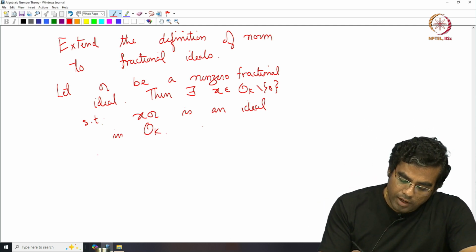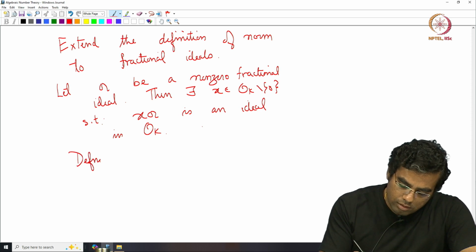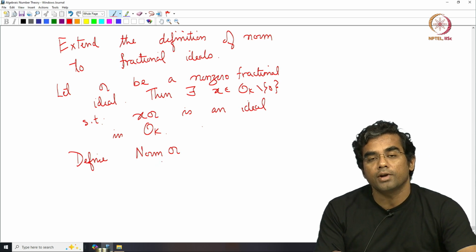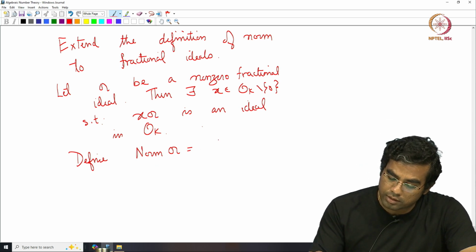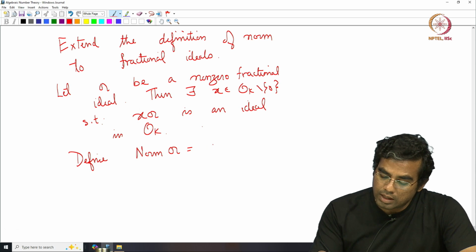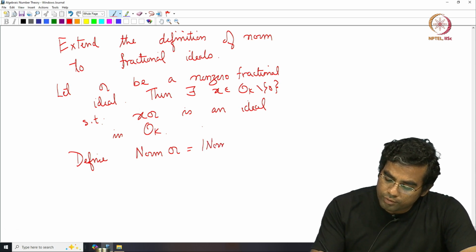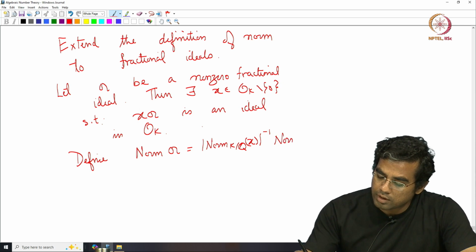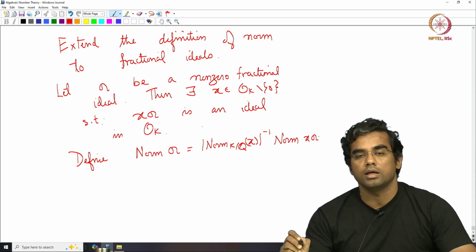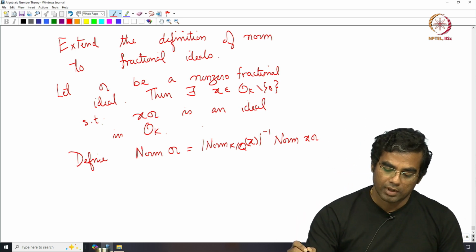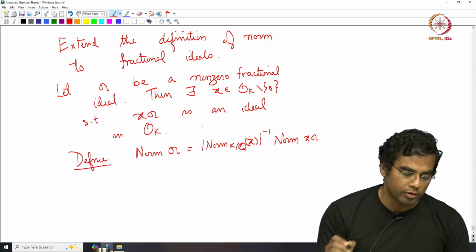So, I can define the norm of A. A is a fractional ideal, so this was not defined earlier unless A is an ideal. So, I define this to be the mod of norm k over q of x, take its inverse, and then multiply by the norm of x A, which is an ideal. So, x A is an ideal, so the norm of x A is defined now. That is my definition of the norm of a fractional ideal.